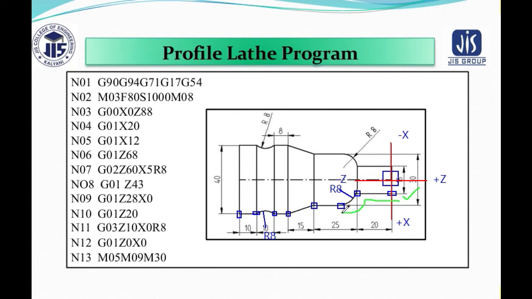Then it is moving a certain distance of this 25 minus 8 portion. Then it is making a taper of this 15. Then it is again going a distance of 8. Again they are creating an arc. It is in anti-clockwise direction, so this will be your G03. Again it is moving on the straight path. So when you are machining, this green line denotes the movement of the tool in this particular path.